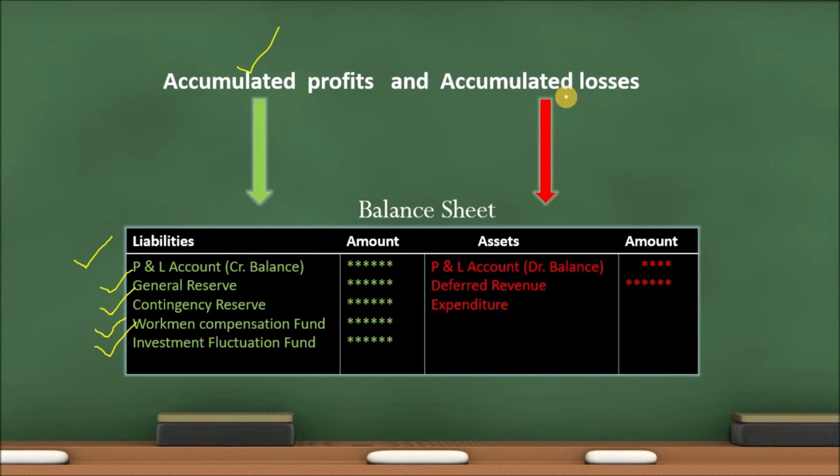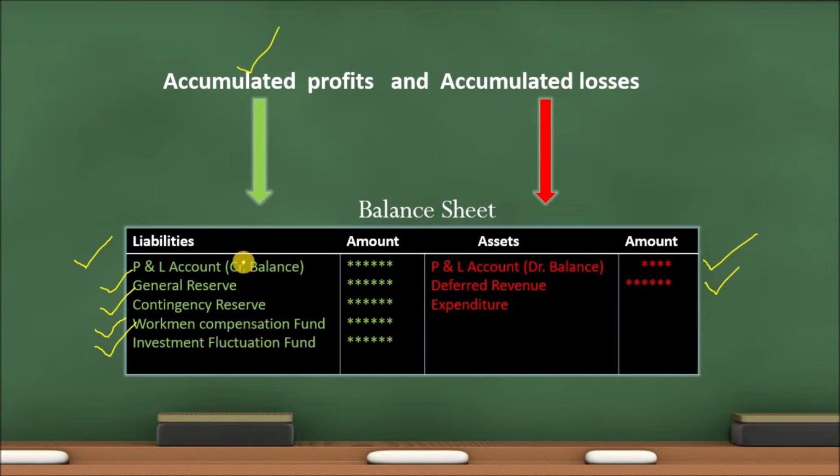Now if you talk of accumulated losses, they are shown on the asset side of the balance sheet. Some of the accumulated losses can be P&L account debit balance and deferred revenue expenditure or fictitious asset. Again, this is an accumulated loss.